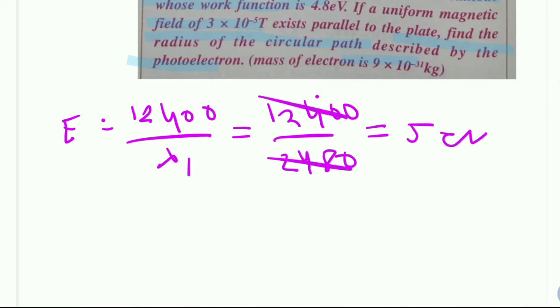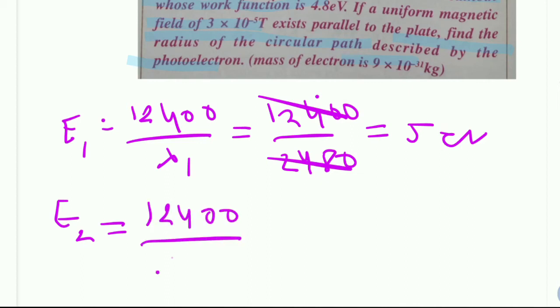So E2 as well, E2 is 12,400 by 6,000, equal to 2.06 electron volts.